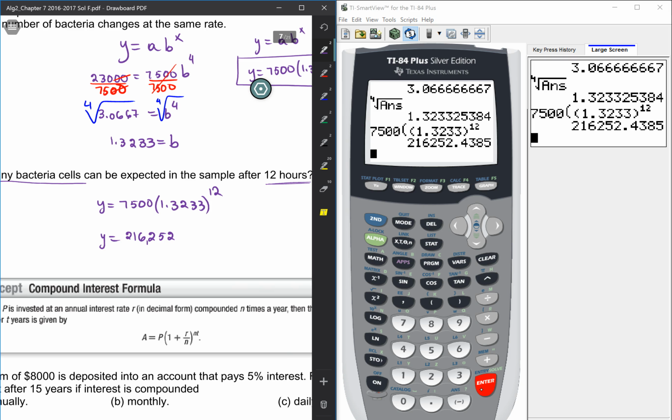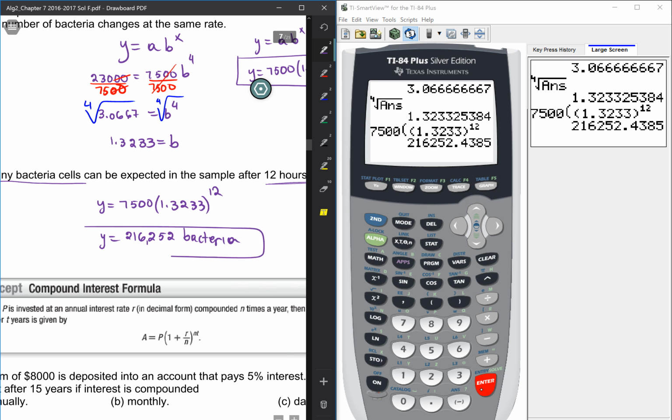Now, I'm not going to tell you how to round or to what place to round for this particular problem, because you need to know that if you're talking about bacteria or any other type of population, you can't have 0.43 of a bacterium, right? Or you can't have 0.43 of a wolf if it's a wolf population. So you have to round to the nearest whole number. That means this many bacteria.